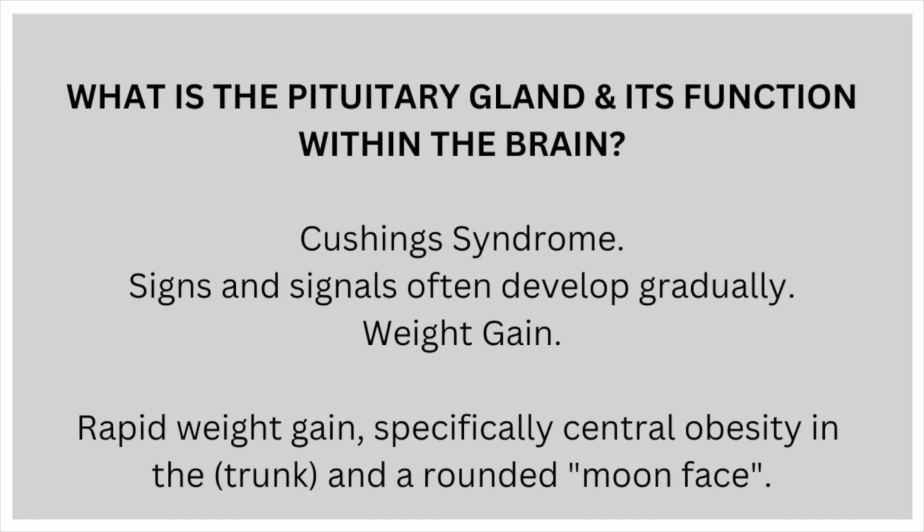Signs and signals often develop gradually, with weight gain being one of them. Rapid weight gain, specifically central obesity in the trunk of the body, and a rounded moon face also.